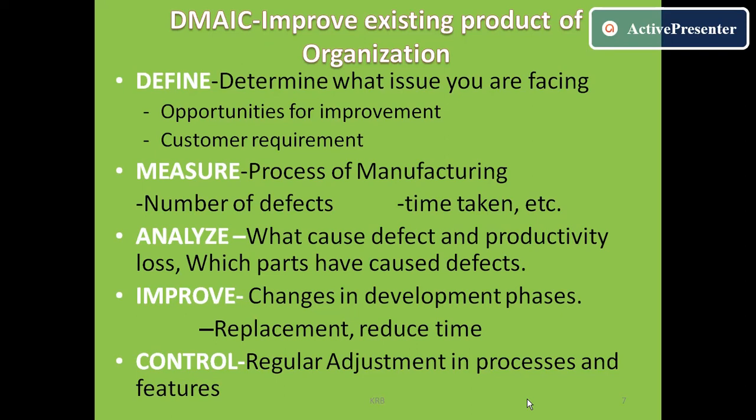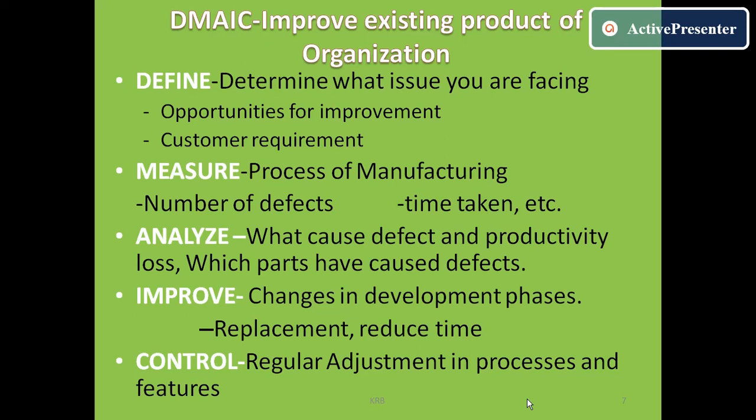In the improve stage, if there are some changes in the development phase of the existing system, we make only a few changes so that the errors are reduced. Second, if there are some hardware errors, then that particular hardware should be replaced, and we should develop the product within the stipulated time or within the deadline, so it reduces the time.